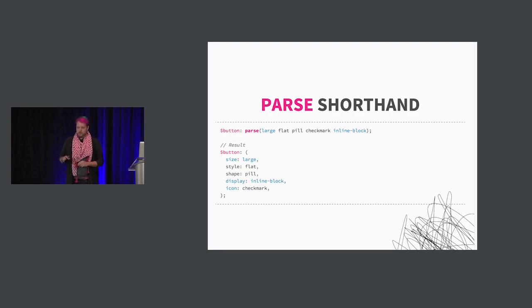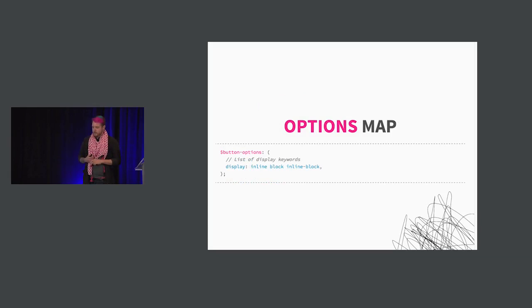So we're going to need a parse function that can take something like this, large flat pill checkmark inline block, and turn it into a map. This is a really useful way of then storing the information of what was passed in as individual arguments.